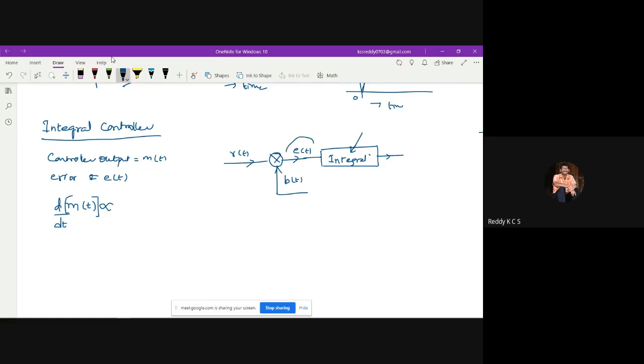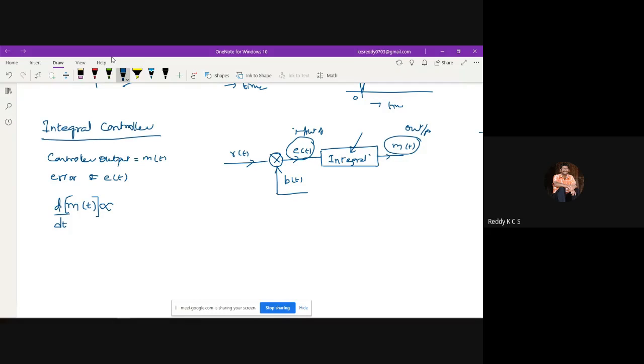The input of the controller is the error signal, e of t, and the output of the controller is the manipulated signal.